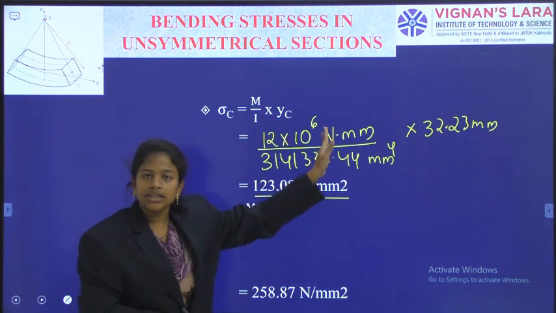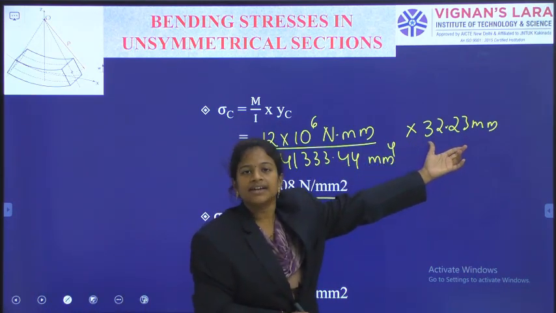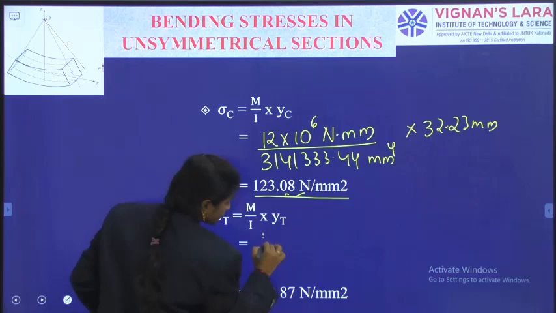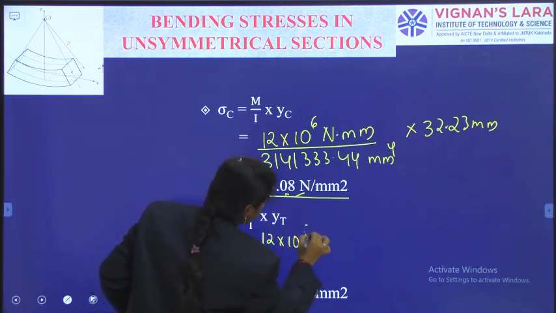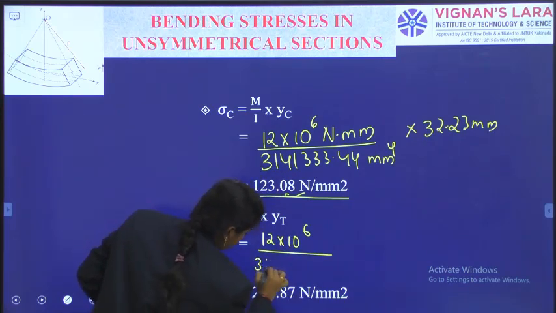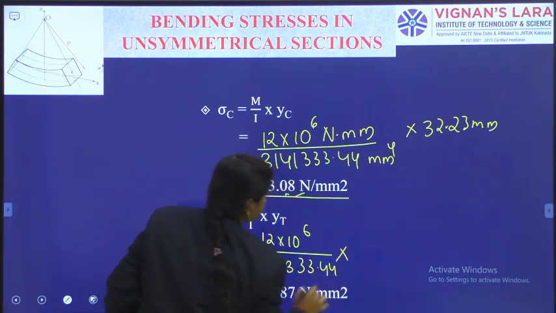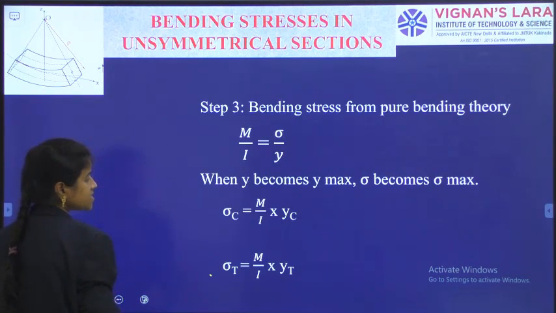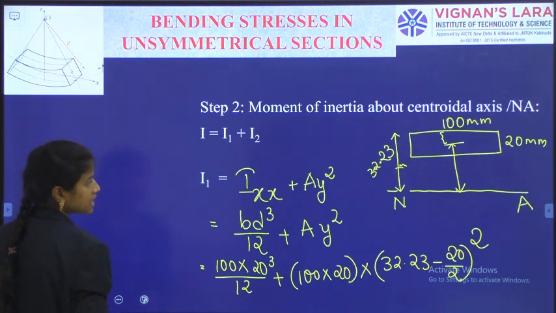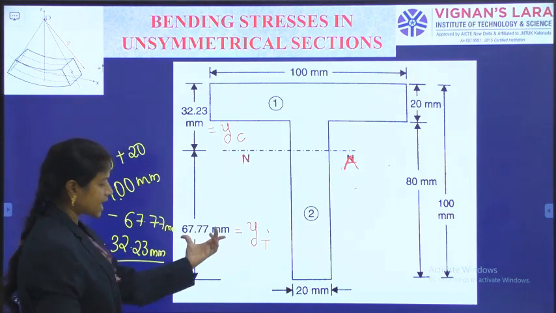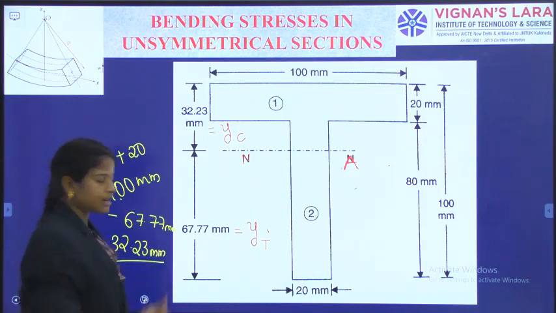Similarly, keeping all the things the same and only changing the distance, the corresponding tension zone's distance is 67.77 millimeters.